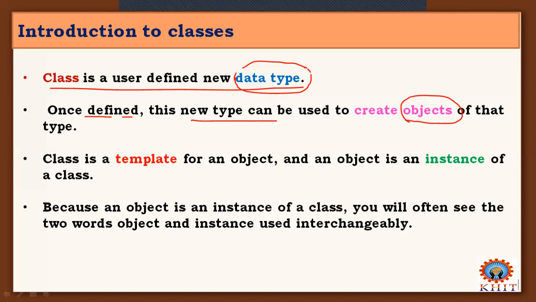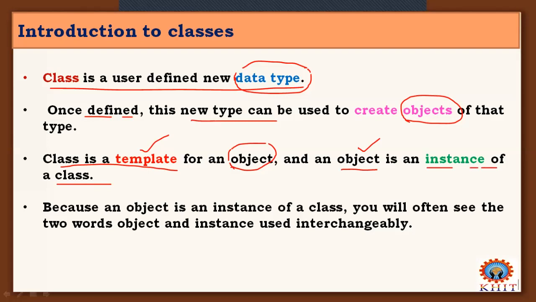So generally a class is a user-defined new data type, and this new type can be used to create objects of that type. And finally we can conclude that a class is a template for an object. It gives completely the shape and nature of an object in the form of a template, and we can create objects of this class. And finally we can define: an object is an instance of a class.